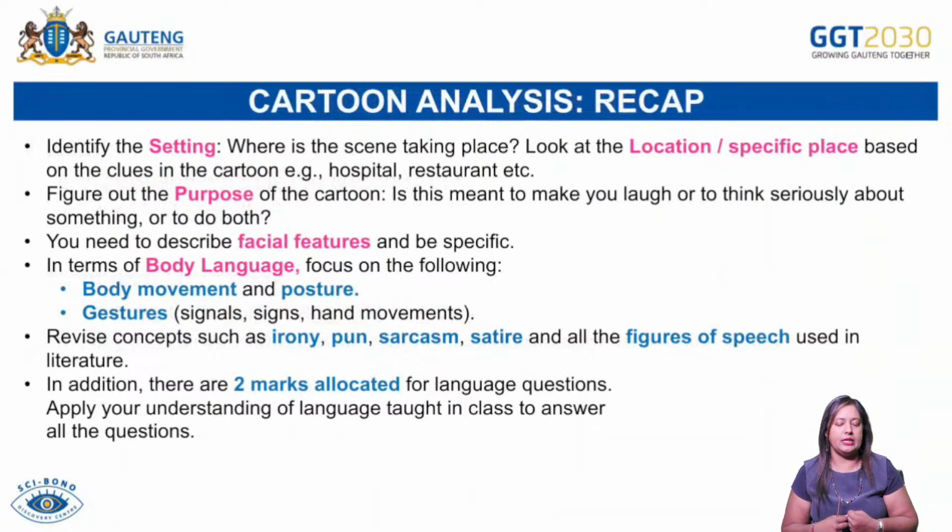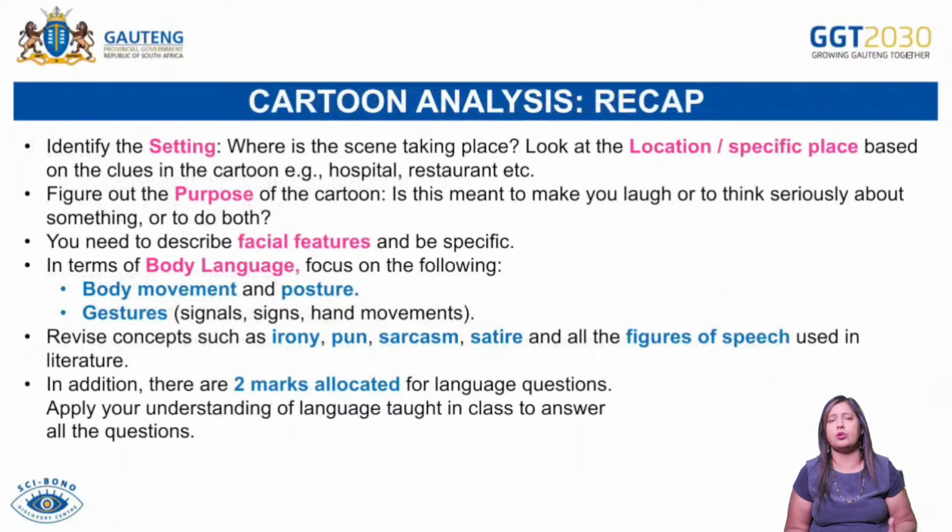We're looking at the body language like I showed you just now. Look at the movement of the characters in terms of their body language. Look at their posture. Look at the gestures they are making use of. The signals, the signs, all of the hand movements that they're using in the particular frames. Revise your concepts like your irony, your sarcasm, your satire, all the figures of speech that is relevant, okay?